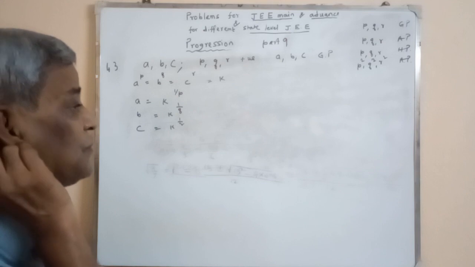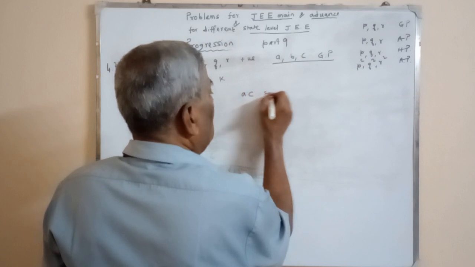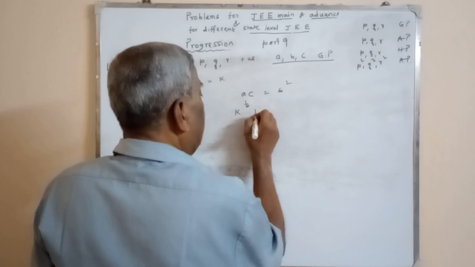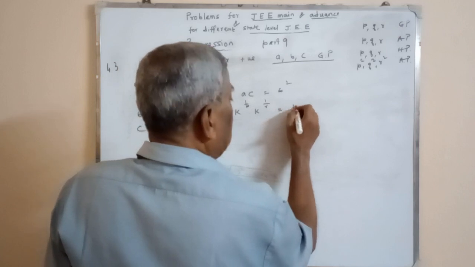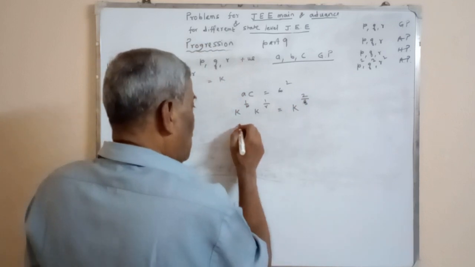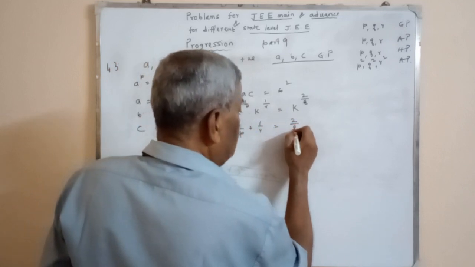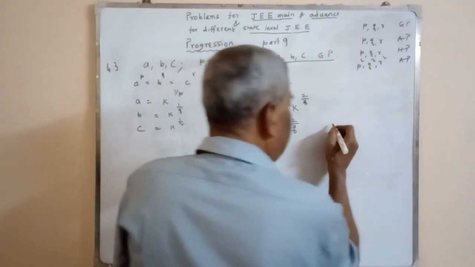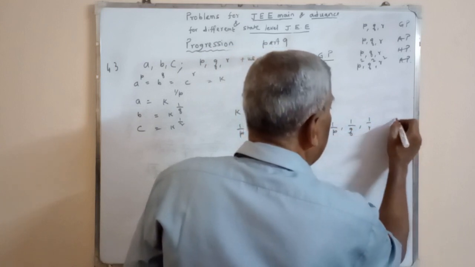Given that A, B, C are in GP, AC is equal to B square. That is K to the power 1 by P into K to the power 1 by R is equal to B square, K to the power 2 by Q. That means we have 1 by P plus 1 by R is equal to 2 by Q. So we can claim that 1 upon P, 1 upon Q, 1 upon R are in AP.